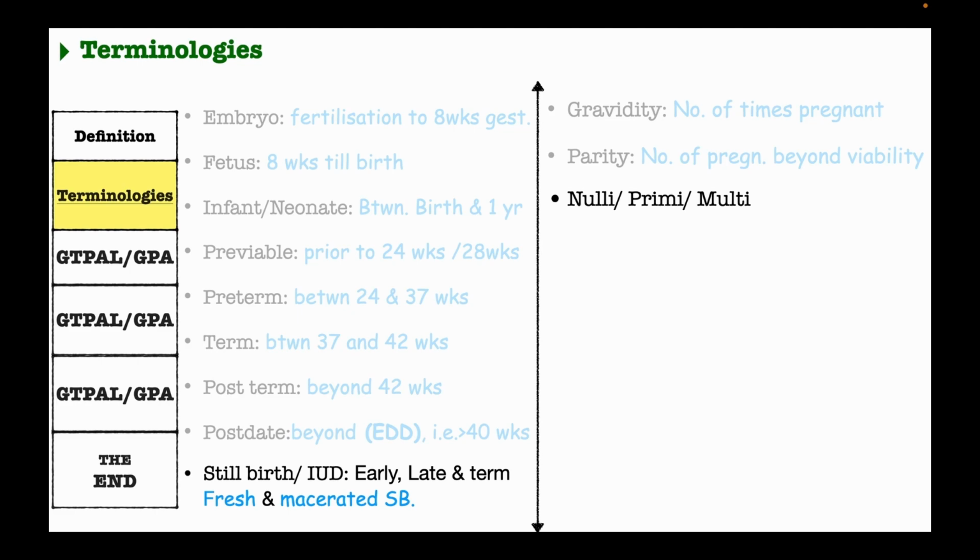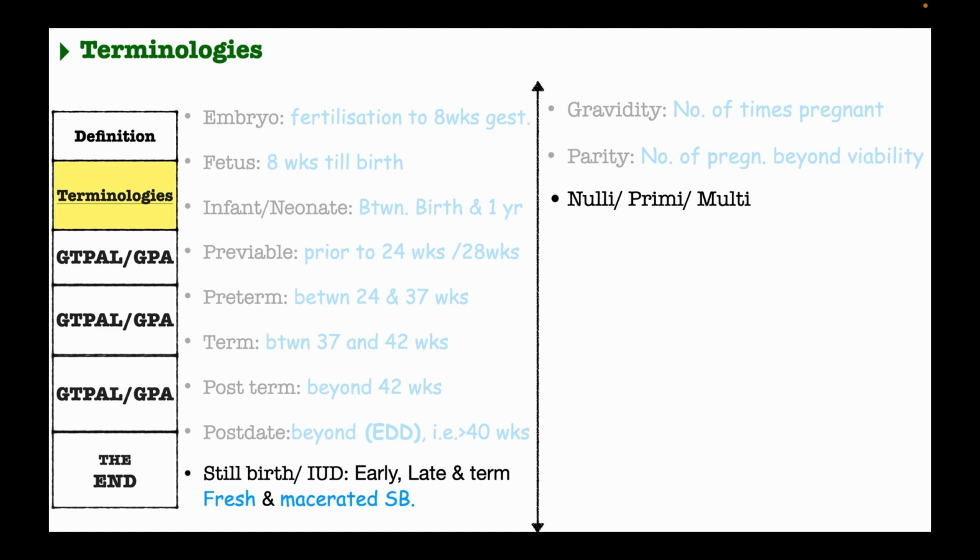And so when we say nulliparity, it is a woman who has no history of completed pregnancy that has gone beyond the period of viability. That is the 28 weeks of gestation or 24 weeks of gestation. It can also be a woman who gave birth and the weight of the child was not more than 500 grams.